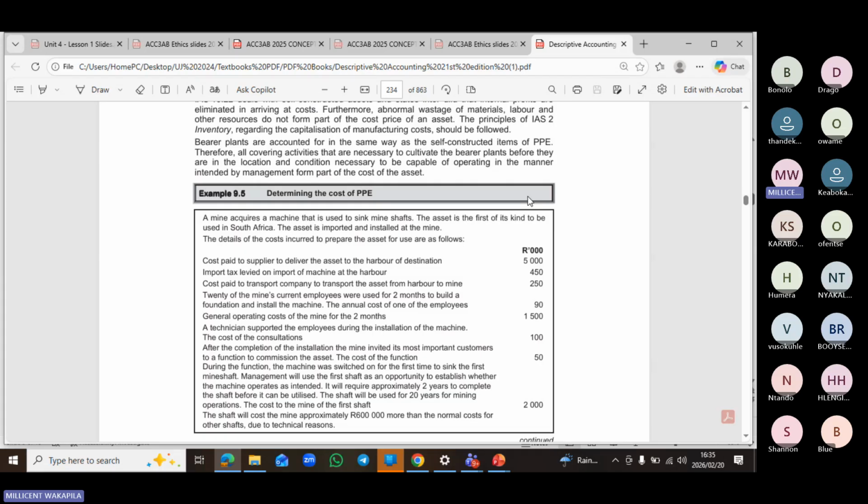So this cost is a direct cost to bring the asset into its desirable use, which means it's capitalized to the cost. And then import tax levied on import of the machinery, it's a direct cost to it.